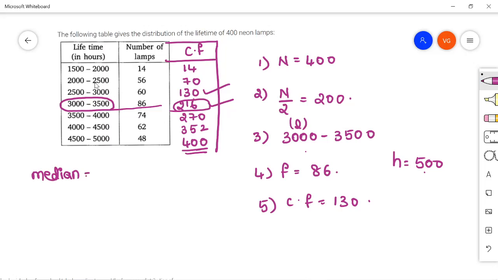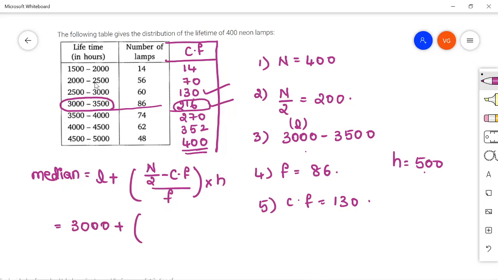Median is equal to L plus n by 2 minus cumulative frequency divided by frequency into H. So substitute 3000 plus n by 2, that is 200, minus cumulative frequency 130 divided by frequency is 86 here into 500, right?